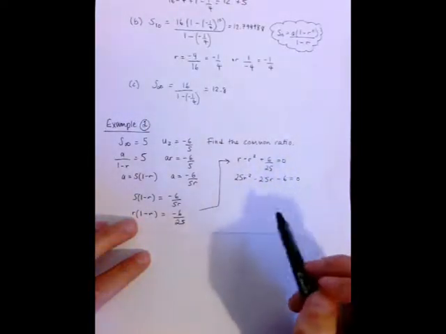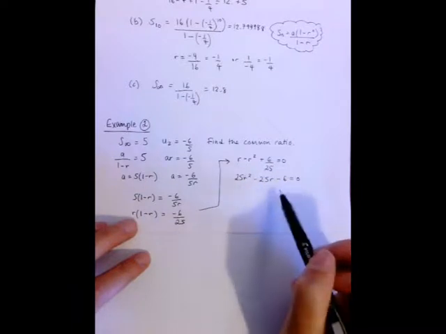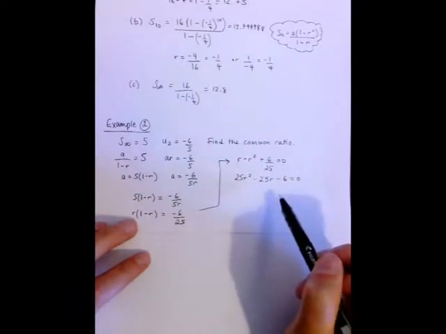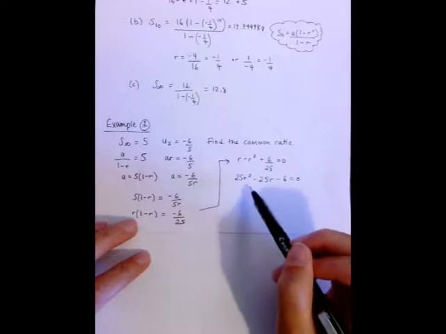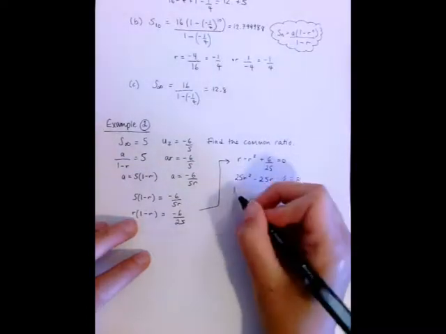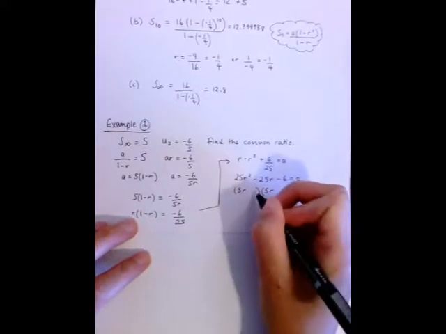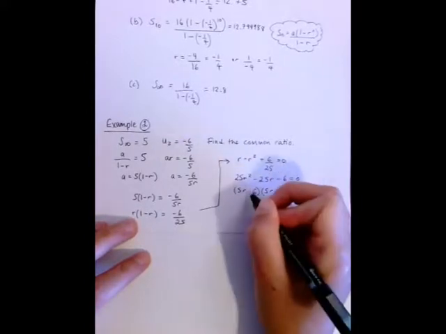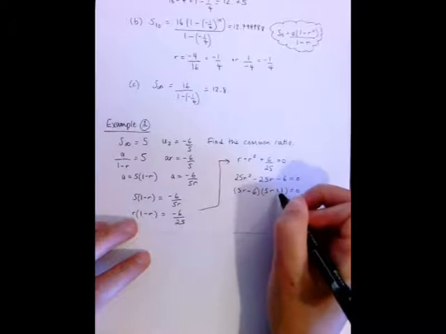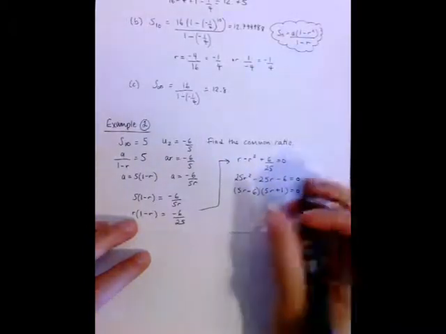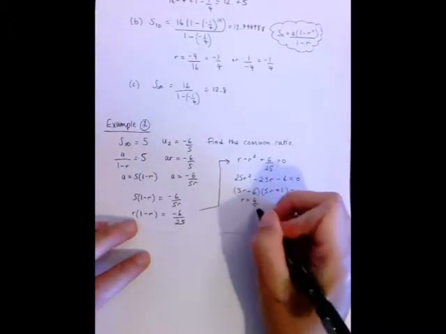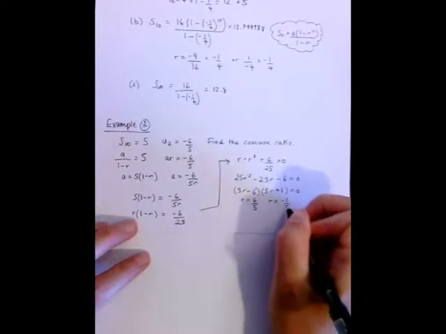Now when you get to here, you could use your calculator to solve it, to find the values of r, or you could factorise this one actually, so it would be 5r, and we need a 6 and a 1. So if you factorise it, you get r could be 6/5 or r could be -1/5.